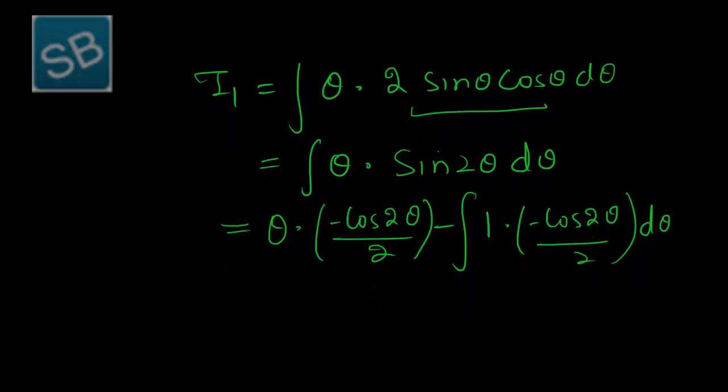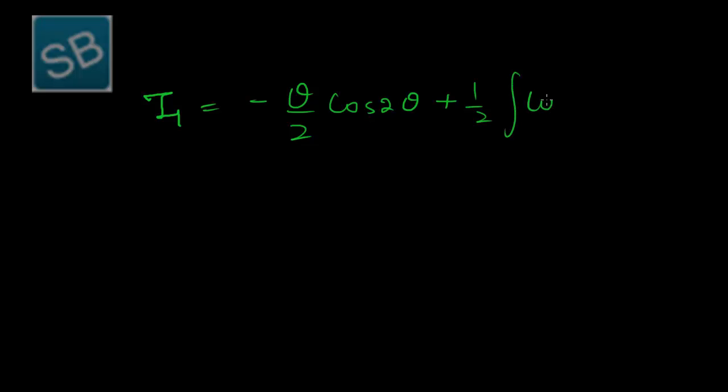So we get I1 is equal to minus theta by 2 cos 2 theta minus minus, plus 1 by 2 integral cos 2 theta d theta.